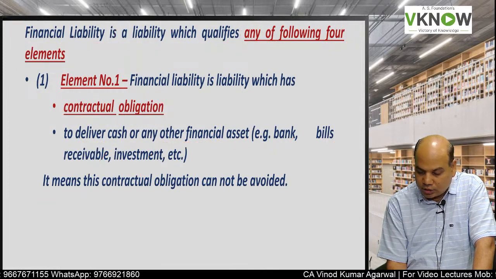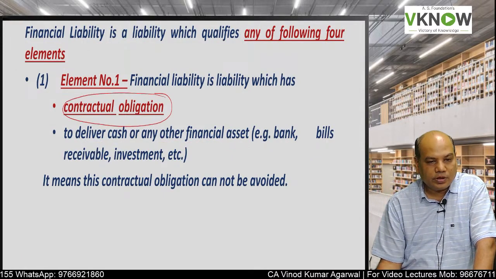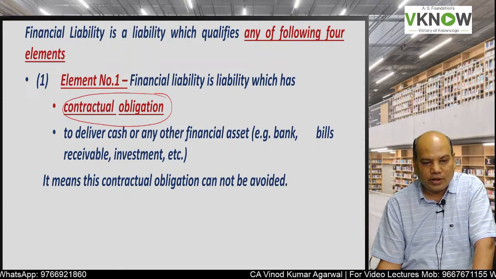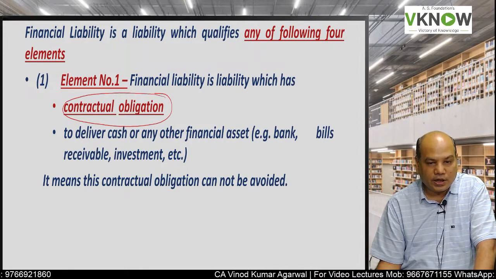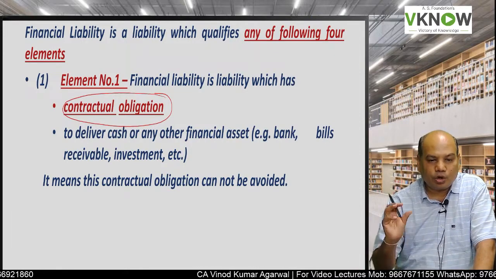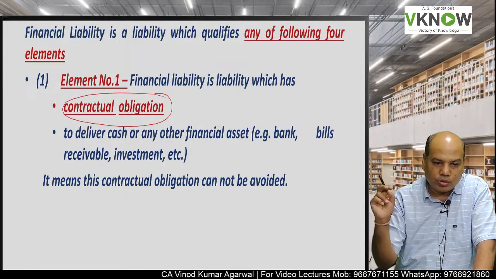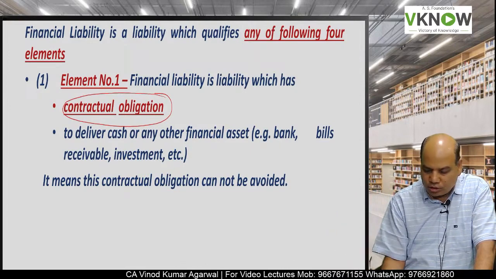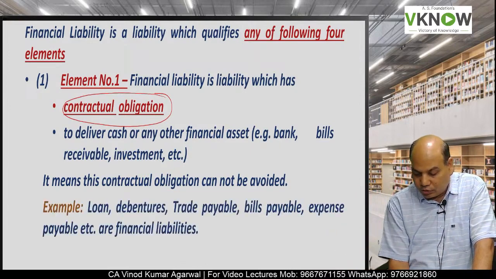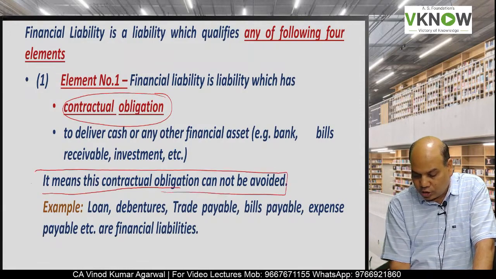If there is a contractual obligation to provide goods or service, then it will not be a financial liability. For example, warranty. In warranty, we have a contractual obligation to repair or replace. So that will not be a financial liability. So the simple test is, the contractual obligation cannot be avoided.